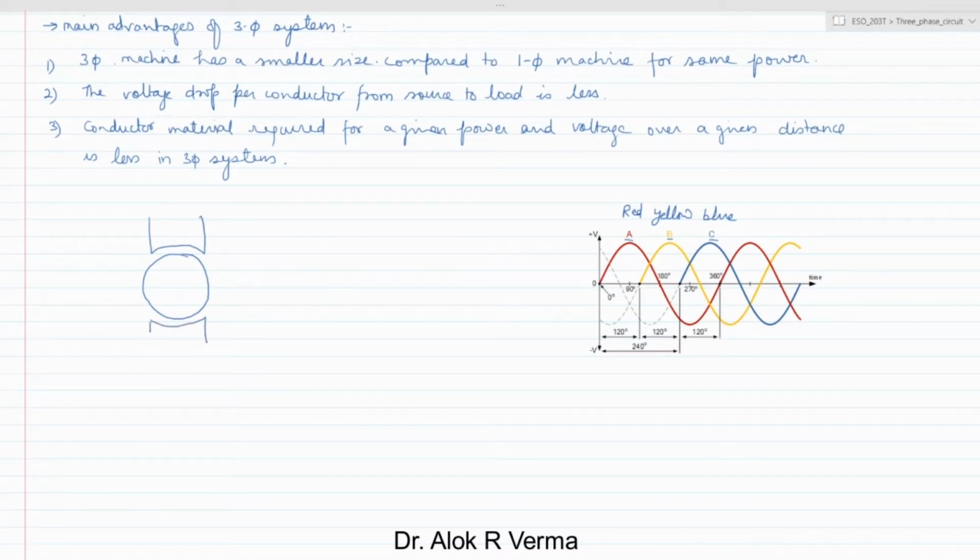To show how the generation is happening, we have slots where the conductors are kept. This is one slot, then we have this slot. Suppose one of the phases is represented by this. You can just mark them as axes.